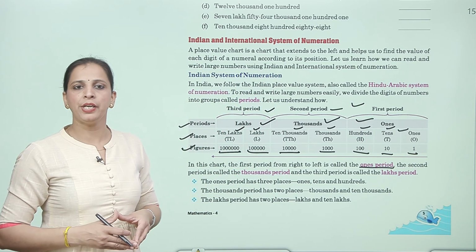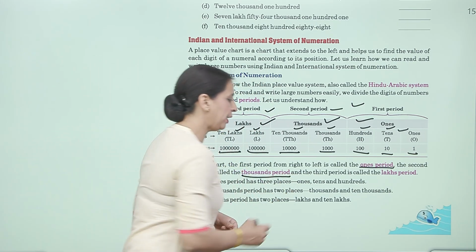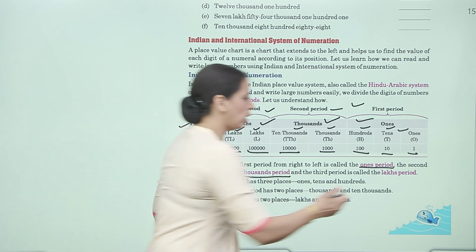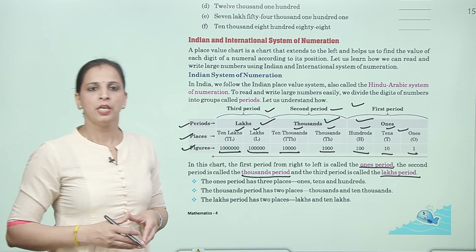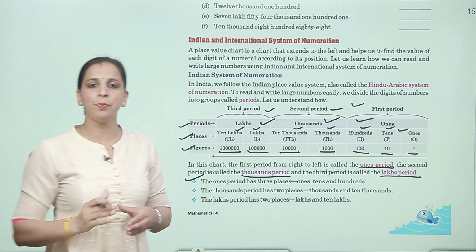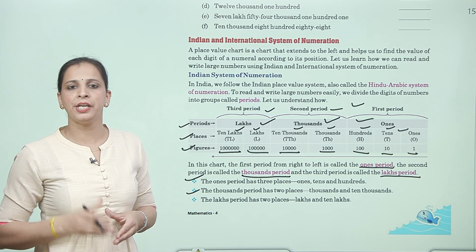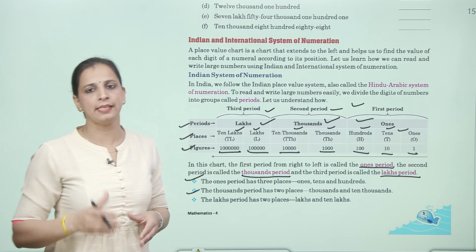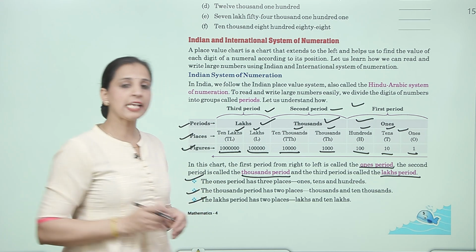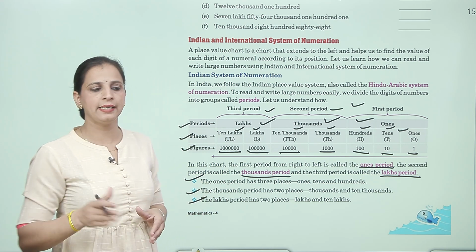The second period is called the thousands period and the third period is called the lakhs period. Now, the ones period has three places, ones, tens and hundreds. Next, the thousands period has two places, thousands and 10,000s. Next, the lakhs period has two places, lakhs and 10 lakhs.